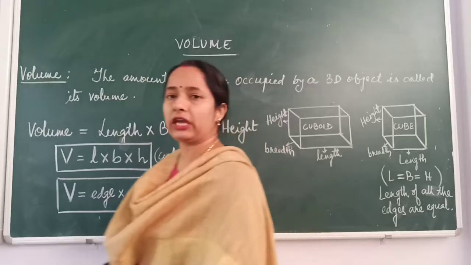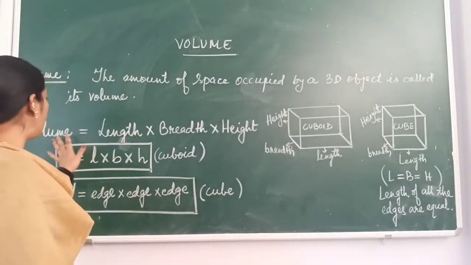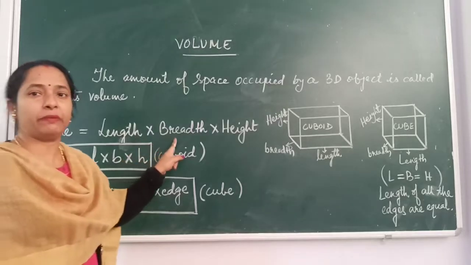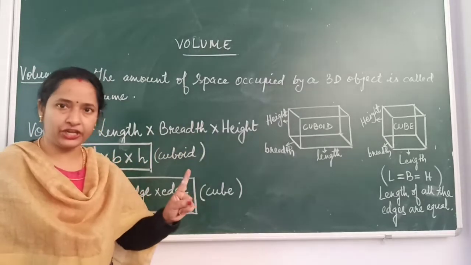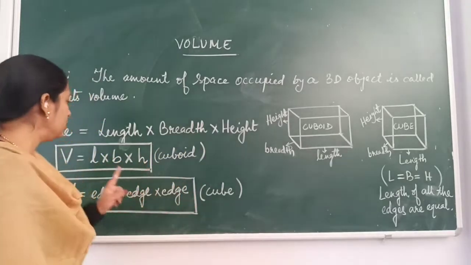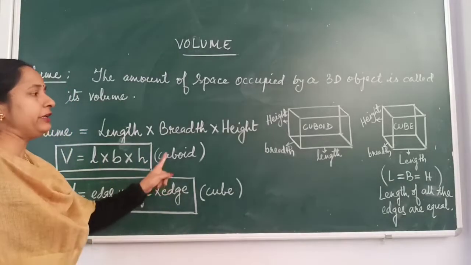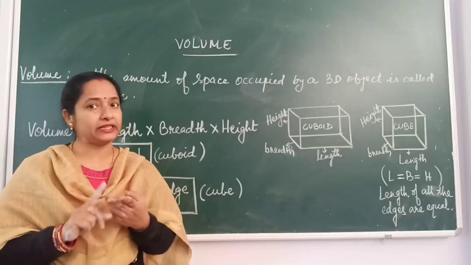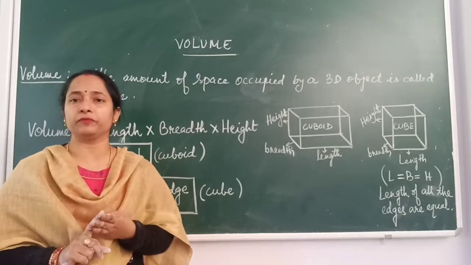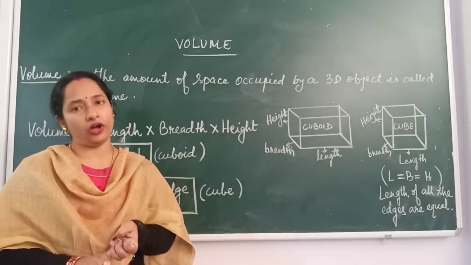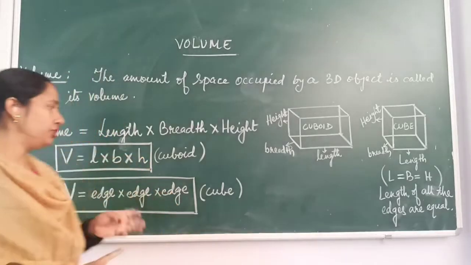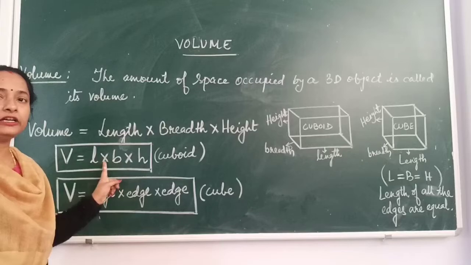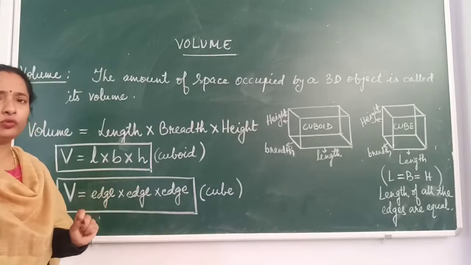So in general we can frame a formula here. The volume can be found simply by multiplying the length, breadth and height of the 3D object. For a cuboid, the measurements of length, breadth and height, all three dimensions, are of different lengths. So you can use this formula for finding the volume of a cuboid.